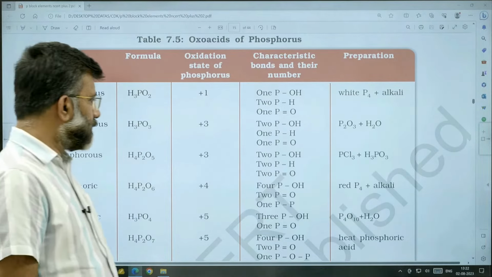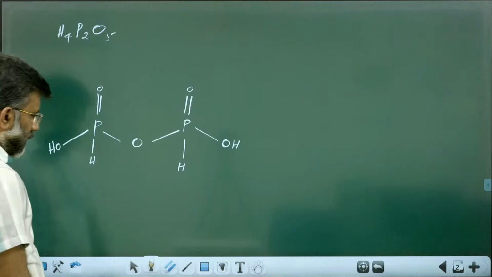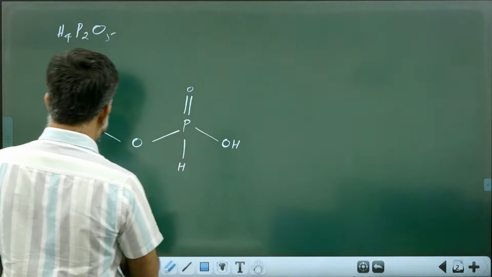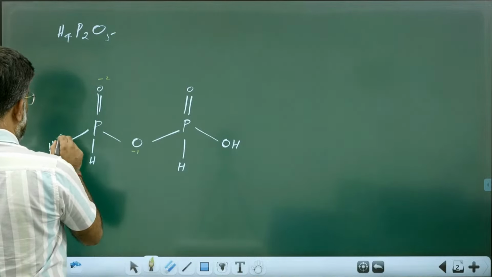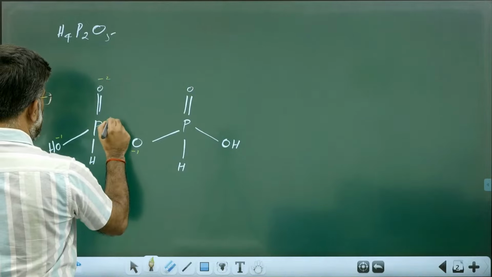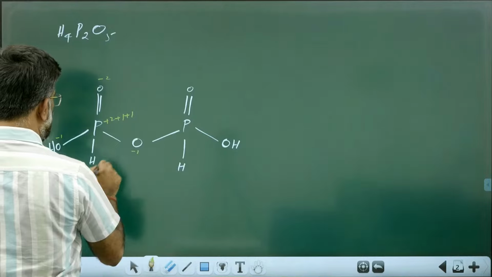And again, what is the oxidation state? You can find out, no? Oxidation state -2, -1, -1. So -2 + 2, -1 + 1, -1 + 1 + 1 -1.